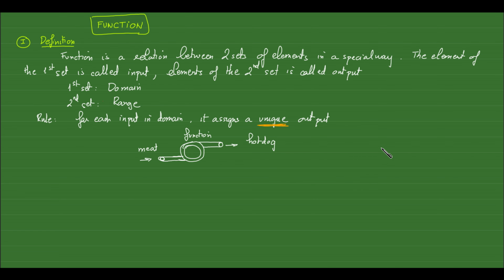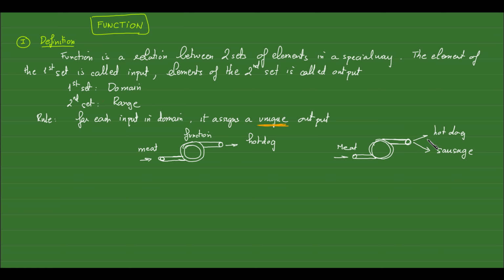However, if you have another machine, and the input is meat, you put meat into the machine, and at the outlet there are two things: the hot dog and sausage, for example.